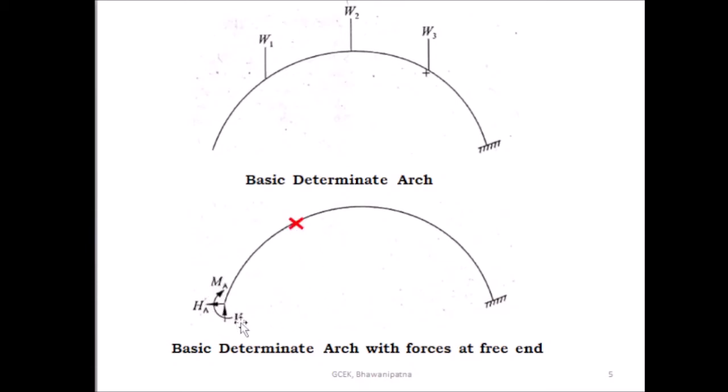And due to this moment MA, what is the moment here? MA. So VA into x is the moment here due to the vertical reaction at A, HA into y due to the horizontal reaction at A, and MA due to the moment MA.